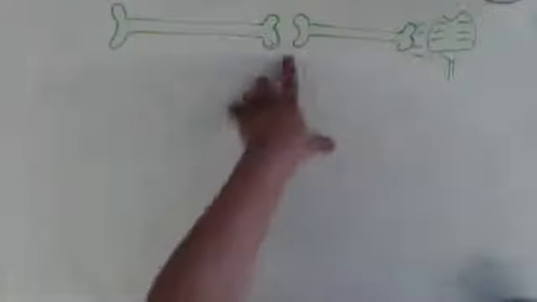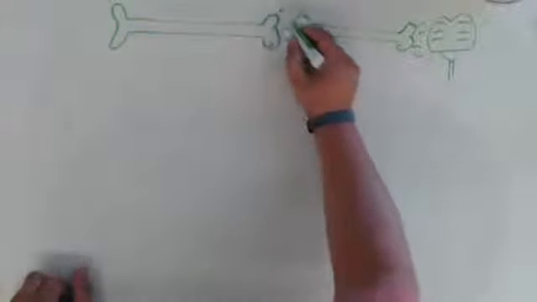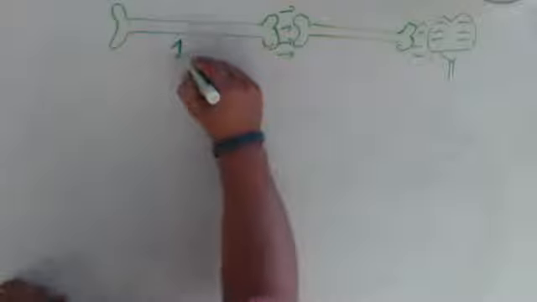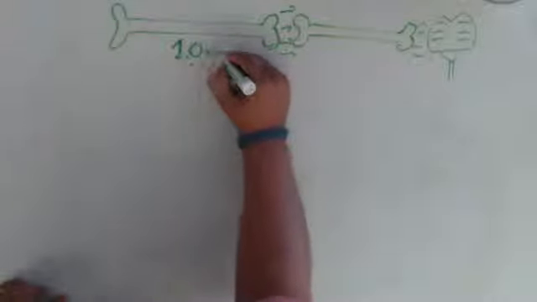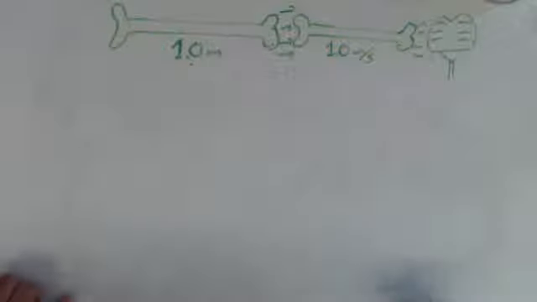Okay? And in these synapses, when this end of the neuron is stimulated, it releases a neurotransmitter, which then carries the signal to the next neuron. So in this problem, we're claiming that the neuron is 1.0 meters in length. Each one of these neurons is exactly 1.0 meters in length.